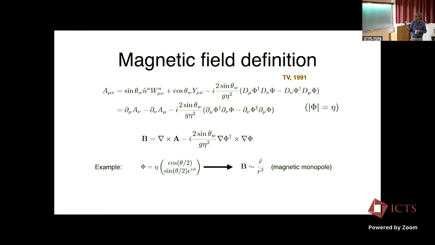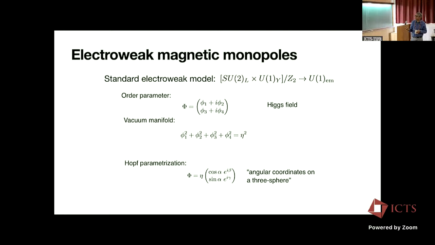There are many ways to think about this, and this is where gauge fields start coming into the picture. Although this looks like an S3, when you think of the whole model, it's better to think of it as an S2 cross S1 because of the particular way the gauge fields are set up.